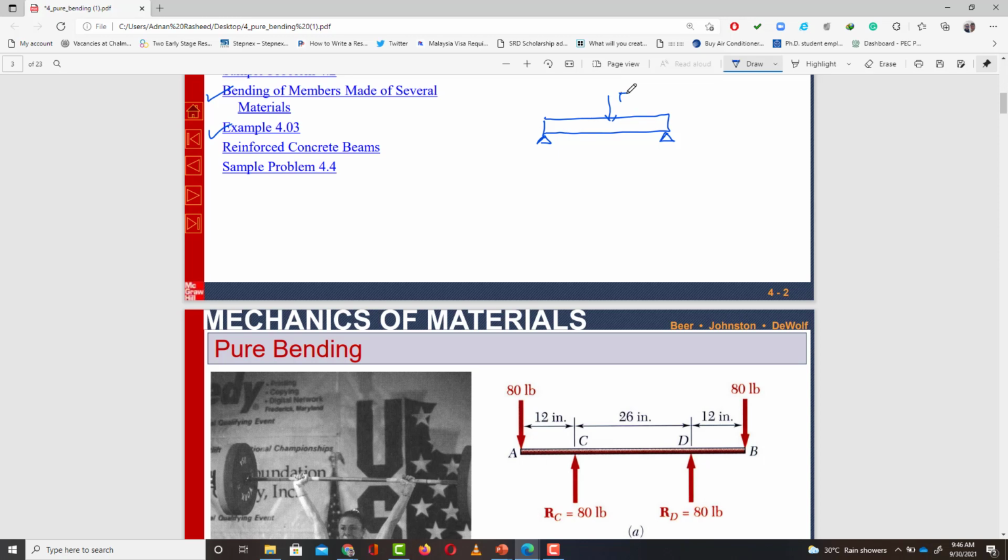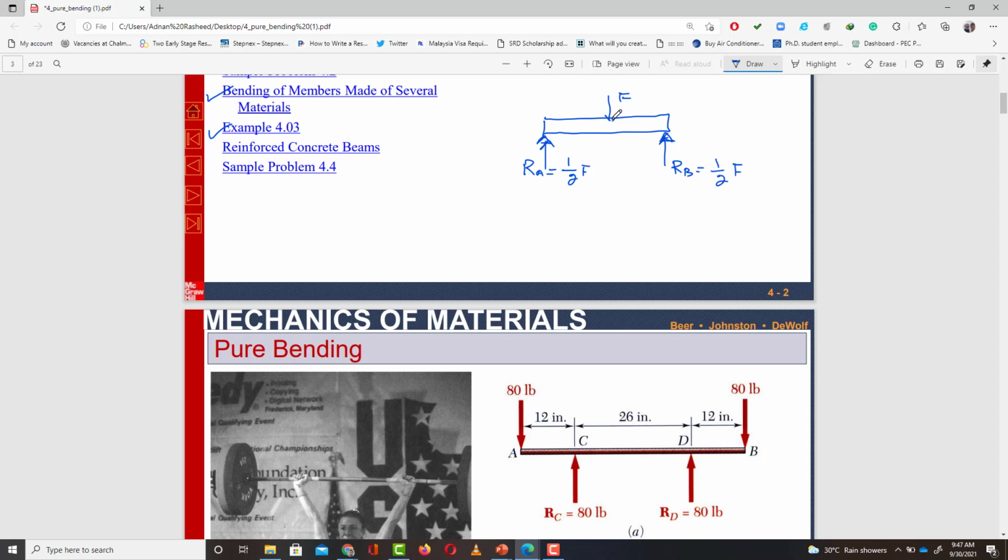Due to this force there will be reaction forces at the ends. For example, this is reaction RA and this is reaction RB. Clear? So RA will be equal to half of F, and RB will also be half of F.